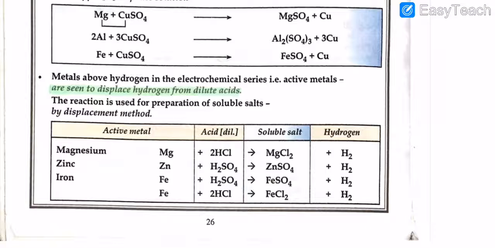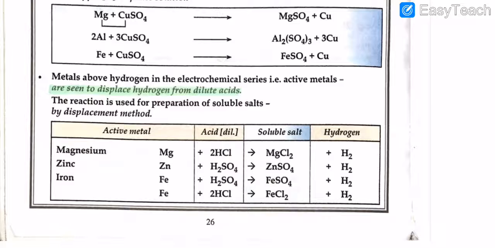The strongest is potassium, then you have sodium, calcium, magnesium, aluminium, zinc, iron, lead, hydrogen. Hydrogen is not a metal, but it still comes in the series. Then you have copper, mercury, silver, and also gold.